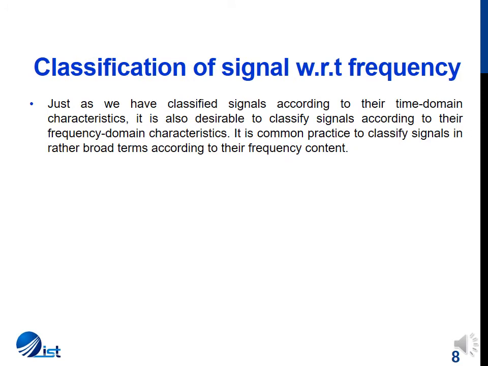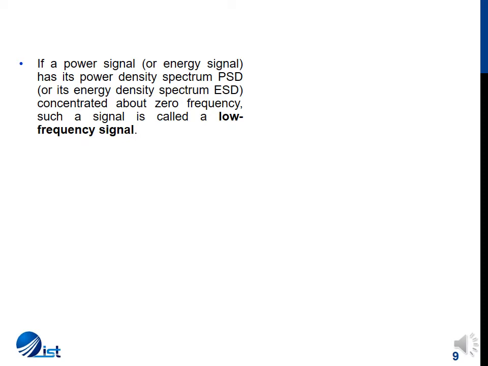So from all the frequency domain features that we have discussed so far, we can classify a signal with respect to frequency, just as we have classified signals with respect to time in our initial lectures, lecture 1, 2. So for an energy or a power signal, if its ESD or PSD is concentrated around zero frequency, such a signal is known as a low frequency signal, such as the signal shown in the adjacent figure.